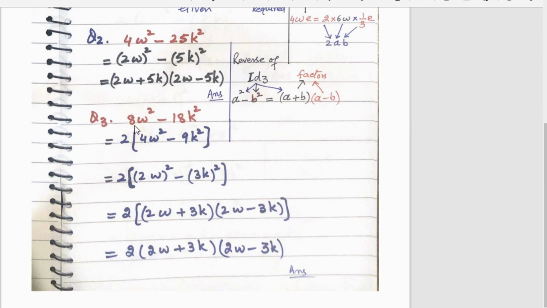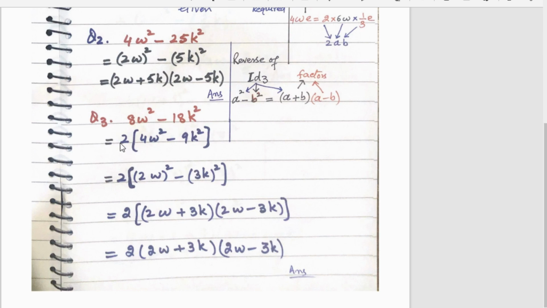We will take the number which is common in both the terms. What is common in 8 and 18? I think 2. When 2 is common, divide 8w square by 2, you will get 4w square. And 18k square divided by 2, you will get 9k square. 2 9s are 18.